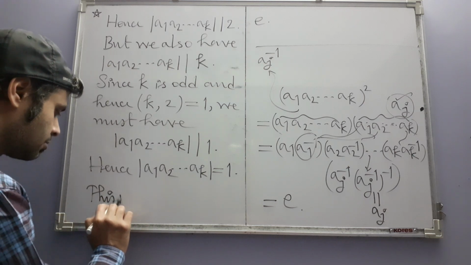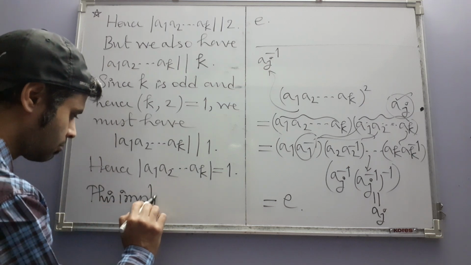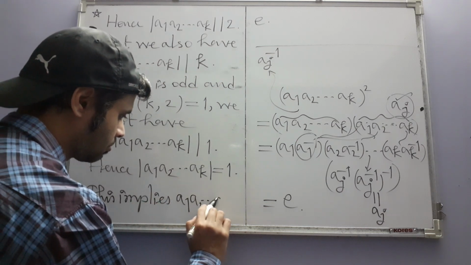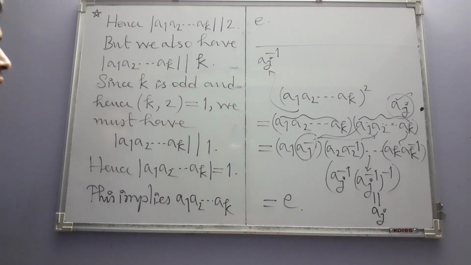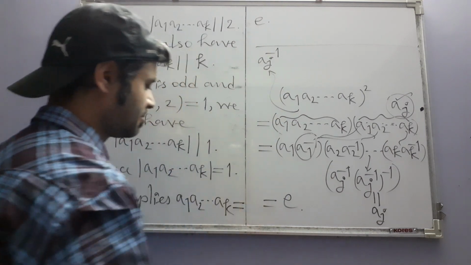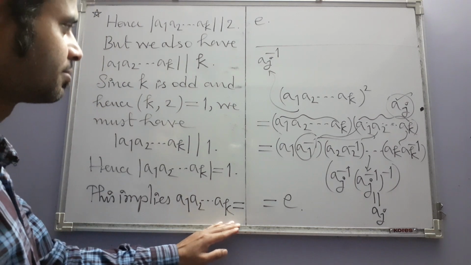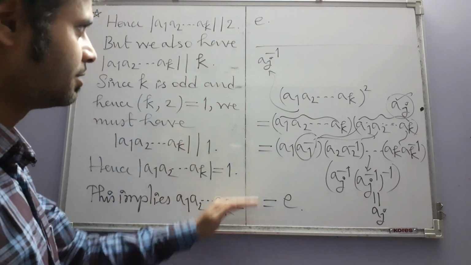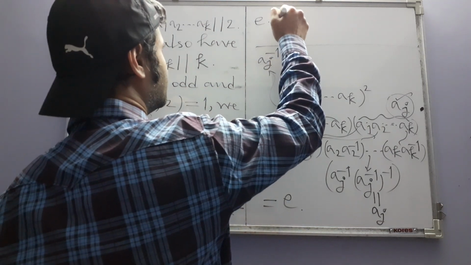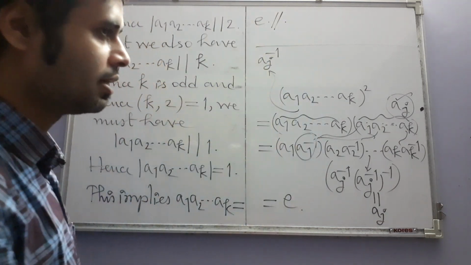This implies that this is equal to, we already have this, okay, so very nicely we already have our E, and that's how the solution ends here.